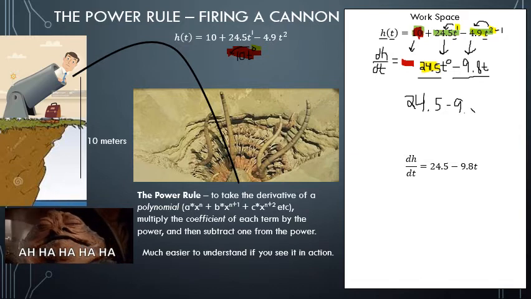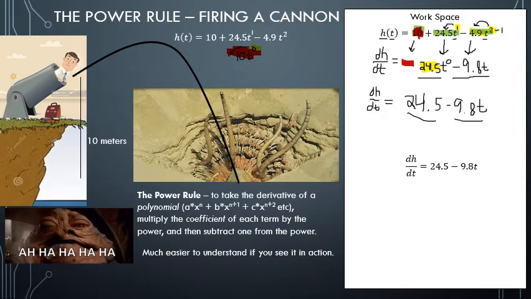That's how gravity changes the speed of things, with that constant 9.8 acceleration, which you may have recognized. And this is still dh dt. And bam, we just turned equation 1 into equation 2 by taking the derivative. So you may recognize this equation as velocity equals initial velocity plus at.